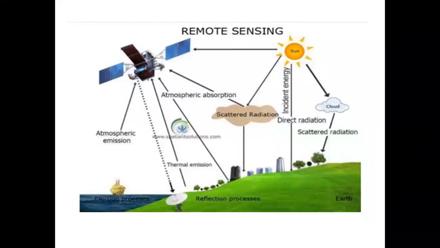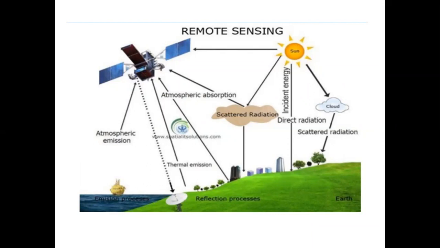In this image we see the total remote sensing process, where the source of energy is the sun, which gives energy to the earth surface. This energy comes through the atmosphere and reaches the ground.